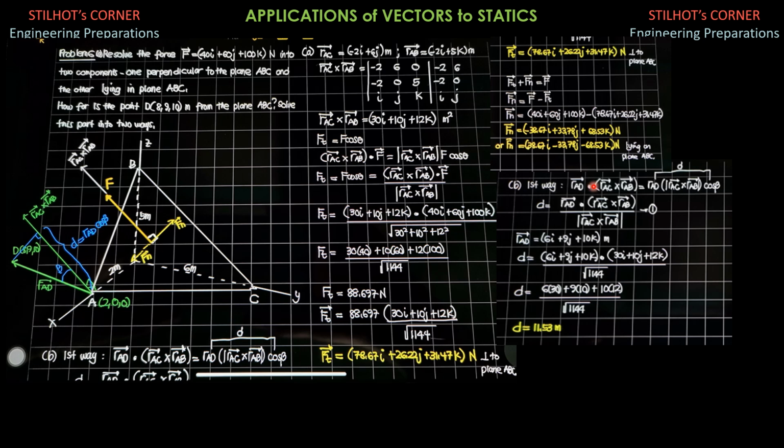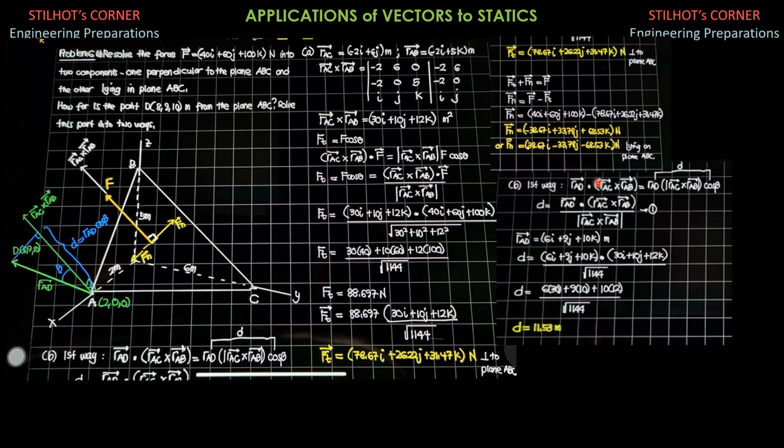RAD dot quantity RAC cross RAB is equal to, by definition of that product, the magnitude of RAD times the magnitude of quantity RAC cross RAB times cosine of beta. And we note that this distance D of the point from the plane ABC, or the nearest distance of that point from the plane, is this expression RAD cosine of beta.